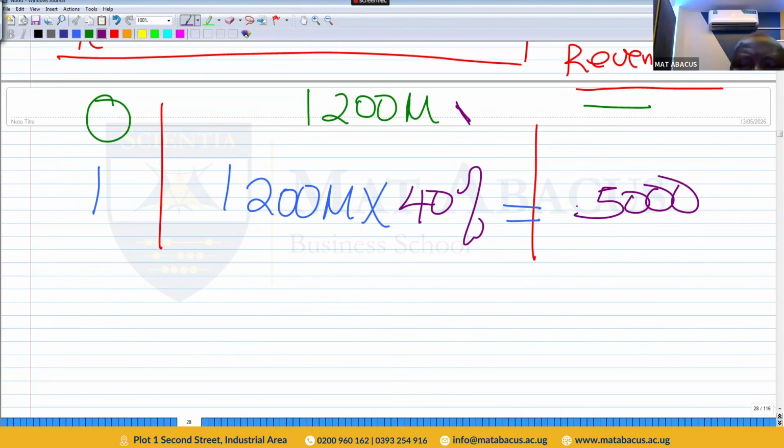That's the same as looking at it: someone could have said it is 12,000, first increase it, multiply it by 1.4. 1200 times 1.4.